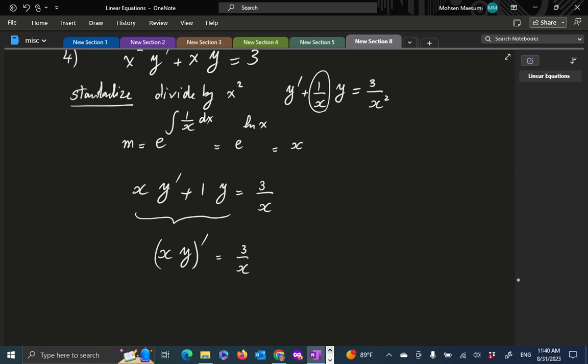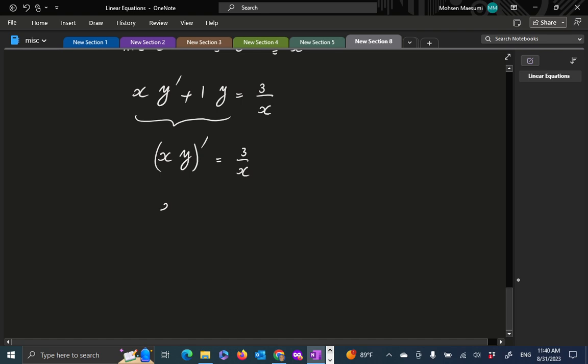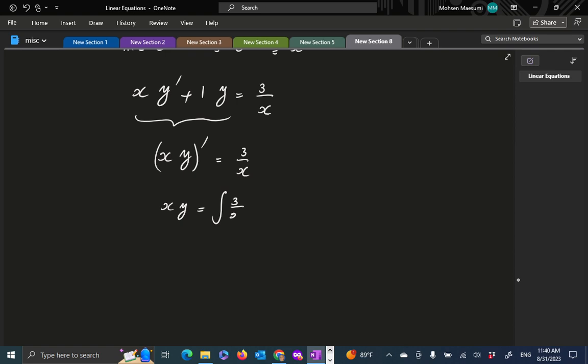That's 3 over x. Now, integrate this thing. So it becomes the integral of 3 over x dx. And that is 3 logarithm of x. To be correct, 3 logarithm of the absolute value of x plus a constant.